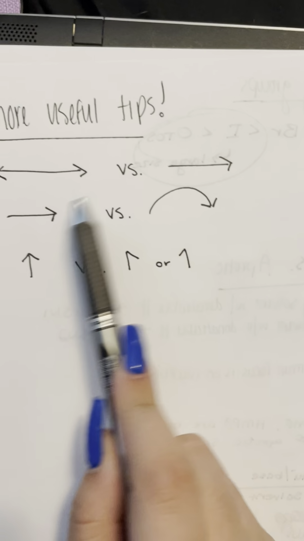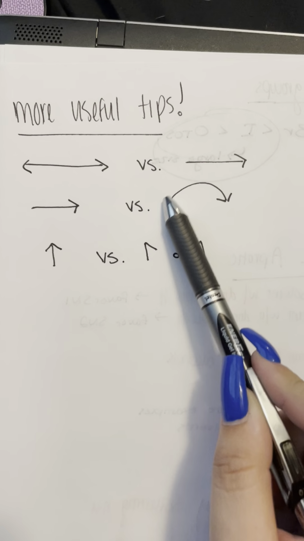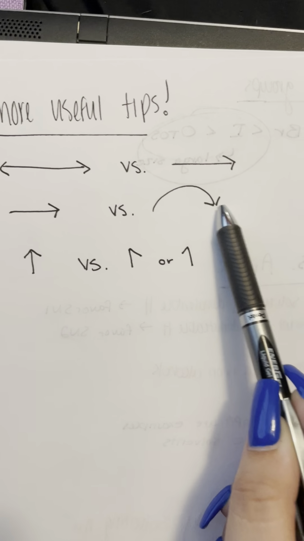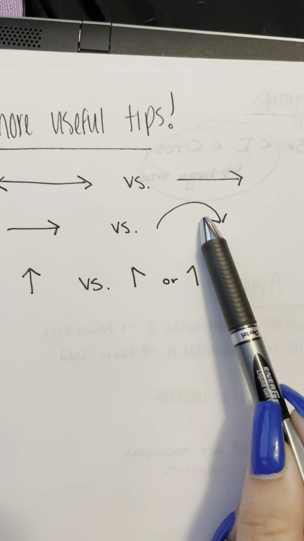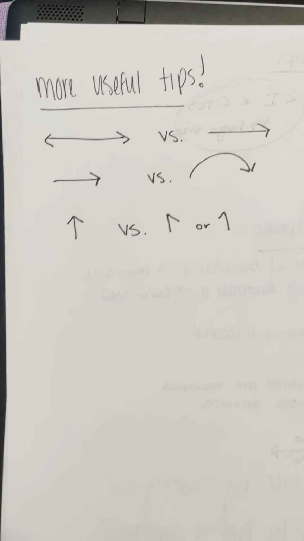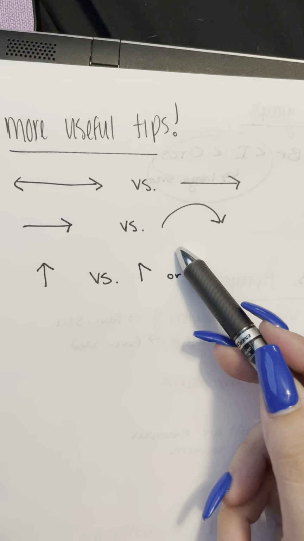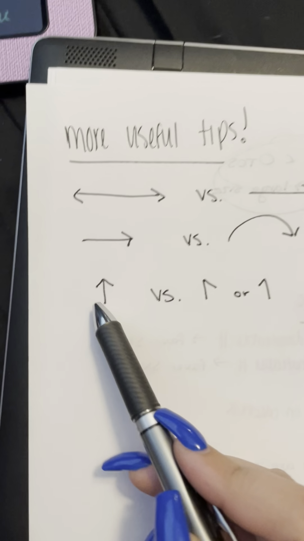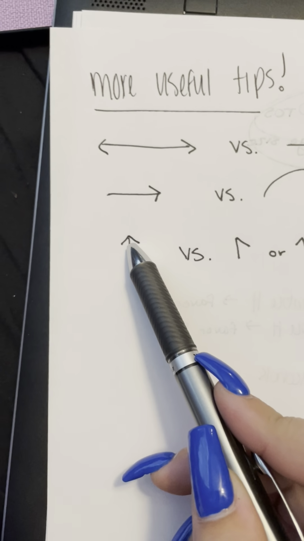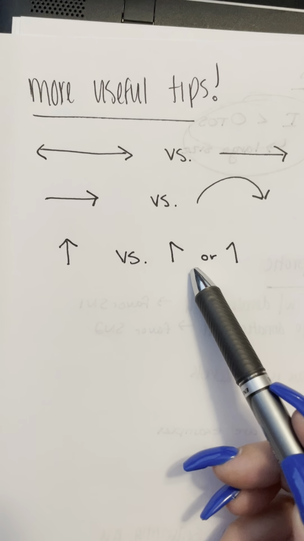A regular yielding arrow versus a curved arrow. Curved arrows account for reaction possibility, like we've seen before. So when we see a curved arrow, it is usually a step-by-step kind of thing. A double-headed arrow versus a single-headed arrow.